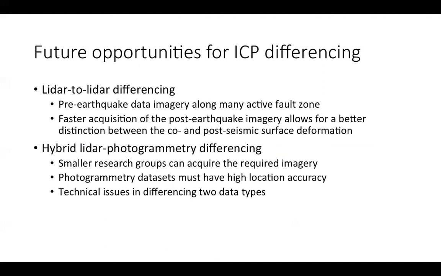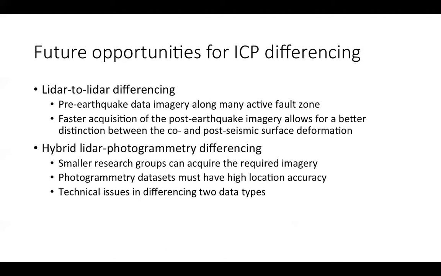But as we learned here for the Kumamoto, if you can get data following pre-shock activity, then you might not even need decades long of acquisition prior to the earthquake. And while we're designing these surveys, it's good to keep in mind that the faster we acquire the post-earthquake imagery, the better we can distinguish between the co- and post-seismic deformation.